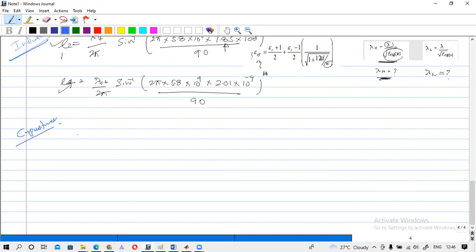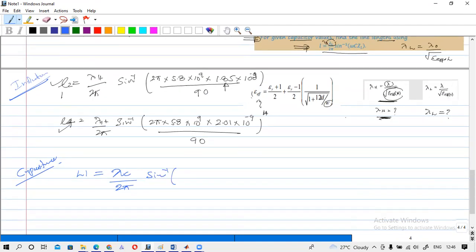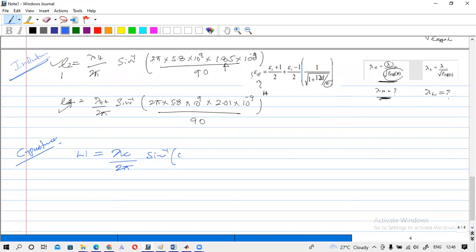So let's say this L1 is equal to lambda L divided by 2.5, sine inverse of omega C ZL. You can substitute the values here. Lambda L you have already calculated using this.